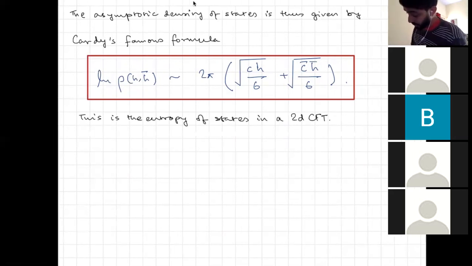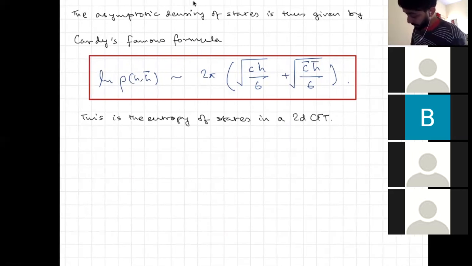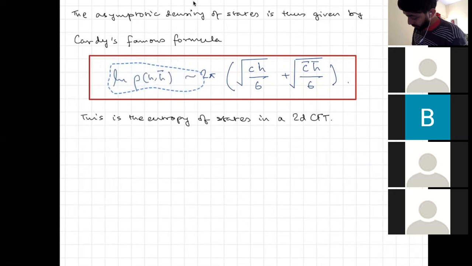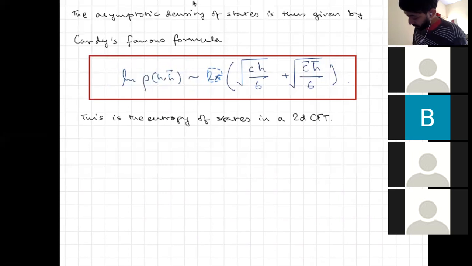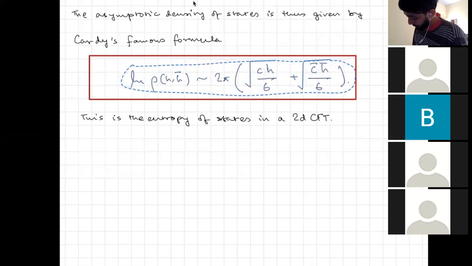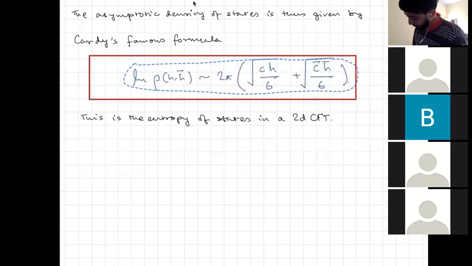Okay, so let me actually try to make this a little better. So let's call this Cardy.